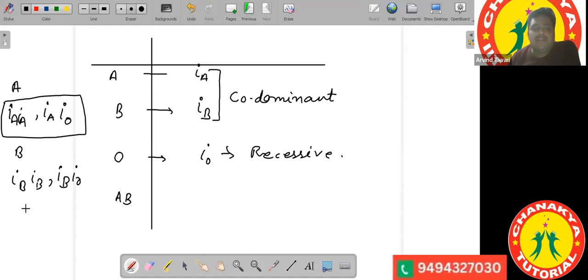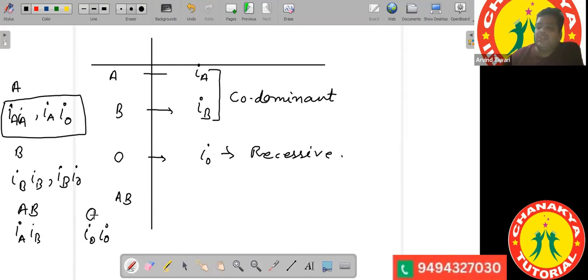If a parent has the blood group AB, he necessarily has IA and IB as the alleles present in him. So both the alleles A and B are present in the person who has the blood group AB. And if a person has the blood group O, he has only IO and IO.